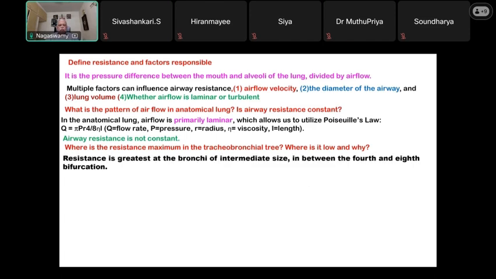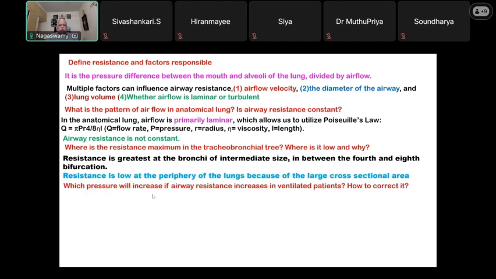The resistance is greatest in the bronchi of intermediate size, between the 4th and 8th bifurcations, and it is low at the periphery of the lungs because of the large cross-sectional area. And which pressure will increase if airway resistance is increased in a ventilated patient, and how to correct it?